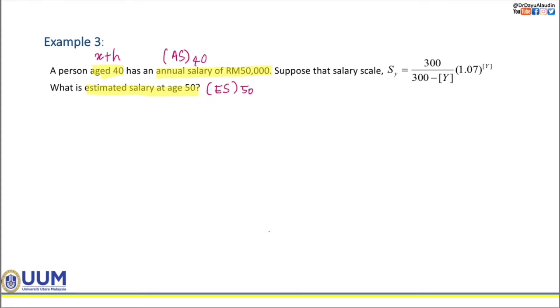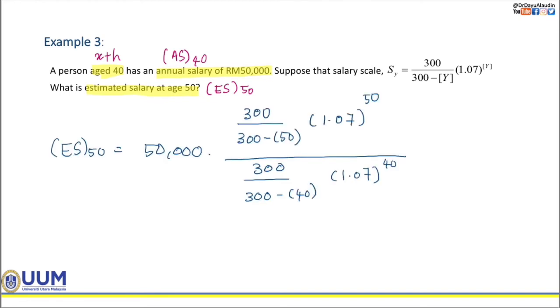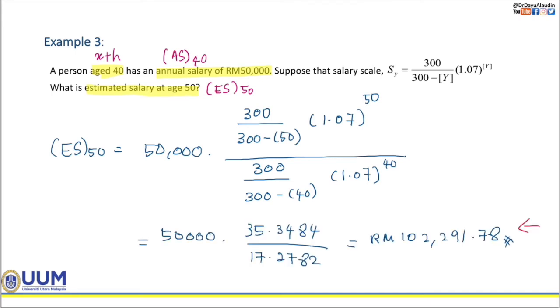So the annual salary at age 40 is 50,000, and we have to find the estimated salary at age 50. And we use this formula as in example 1 and 2, and we substitute the salary scale function inside. And finally, we got 102,291 ringgit 78 cent.